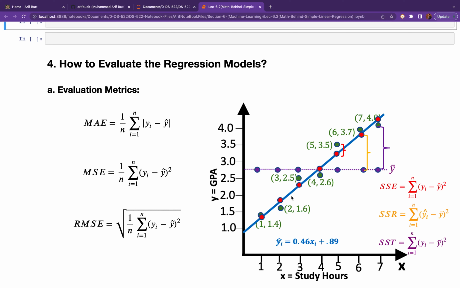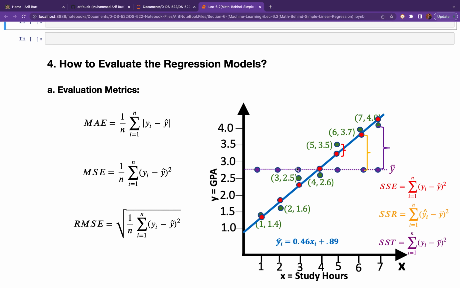Over here you can see 3 different colored points shown in green, red, and purple. These green circles show the actual observations. These red circles are the corresponding points on the regression line, that is y hat is equal to 0.46x plus 0.89.